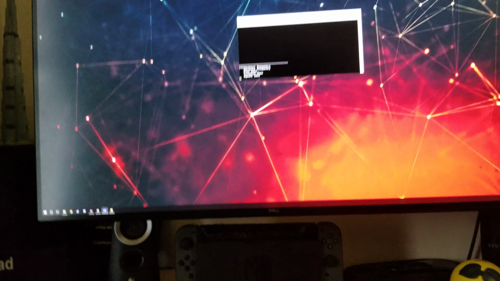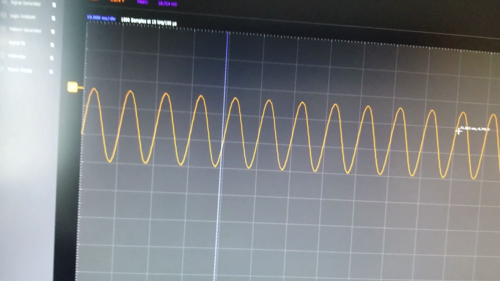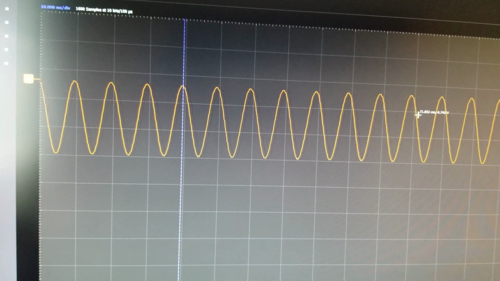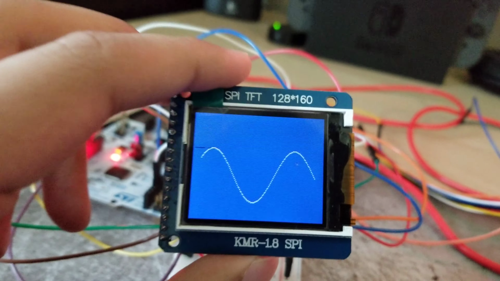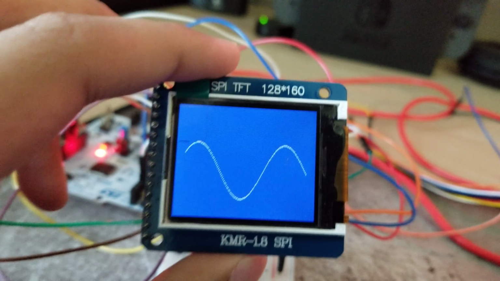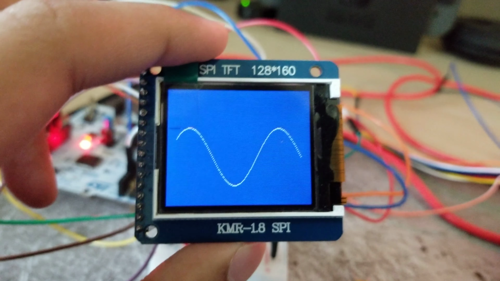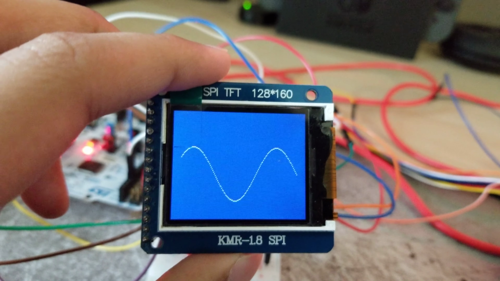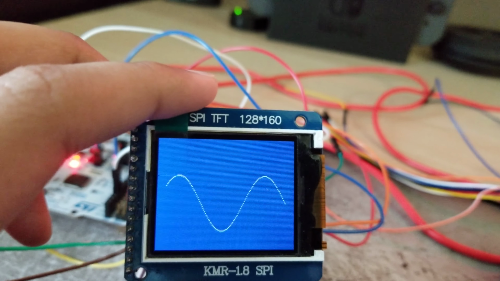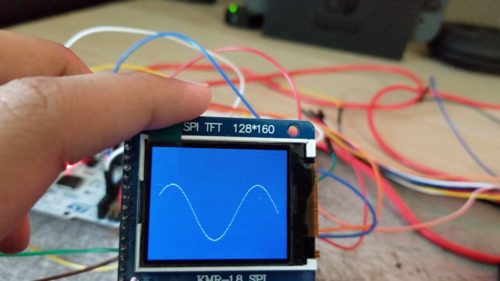Anyway, we can see here that we're outputting a sine wave on Scopy. So depending on the type of output that you're generating, I use lookup tables to basically print out a type of GUI interface to demonstrate what type of output the user would be looking at.